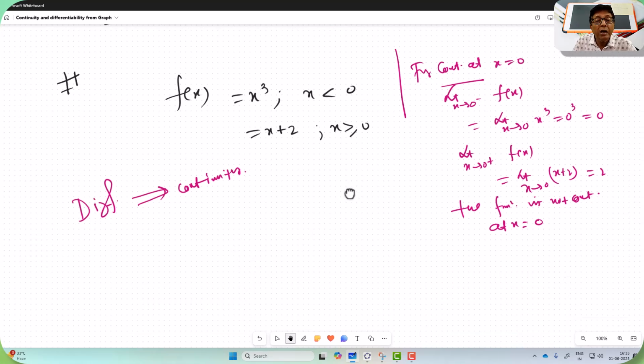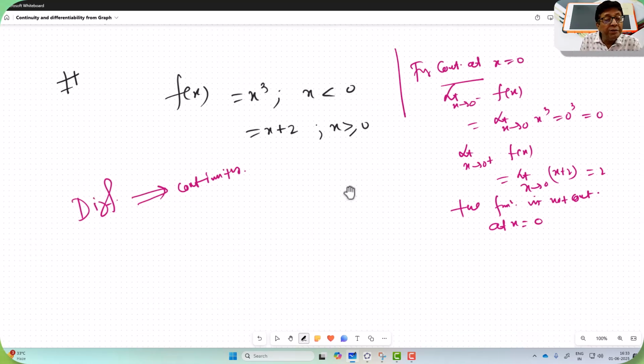But continuity never implies differentiability. Don't say never implies, it implies, but not always. This function is not continuous only. If it is differentiable at a point, it must be continuous over there. It is not continuous at that point. So the function is not differentiable at x equal to 0.